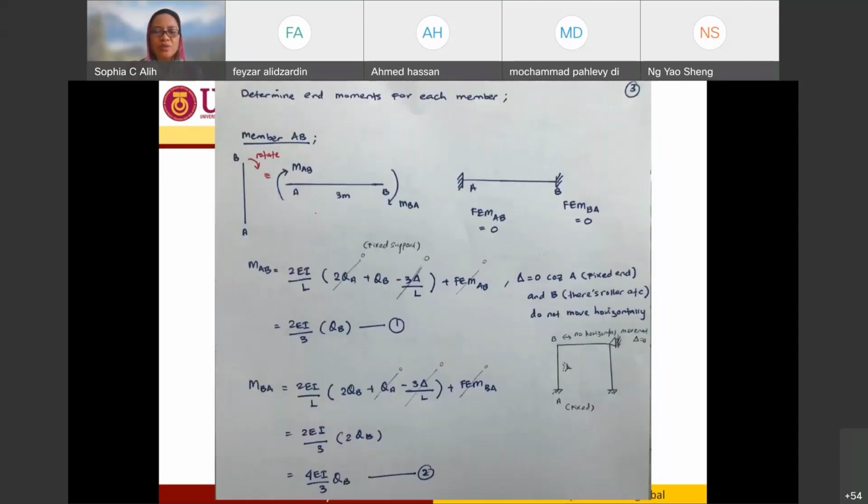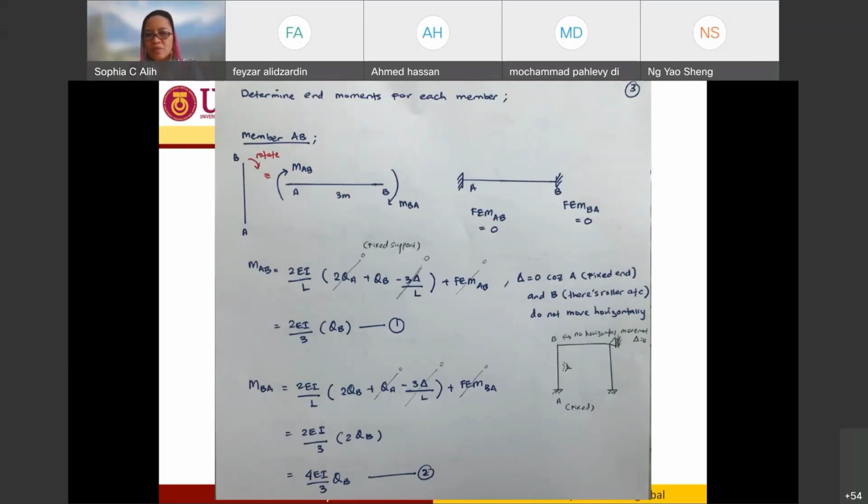It is going to be equivalent to this member. So right now I have member A and B with the length of 3 meters, and I assume my end moment to be clockwise direction for MAB, and another moment clockwise direction MBA. And this is my fixed end moment since I have no external forces acting on this member.